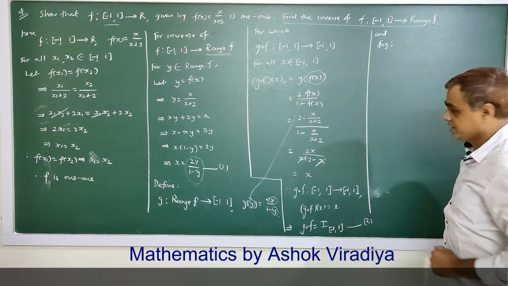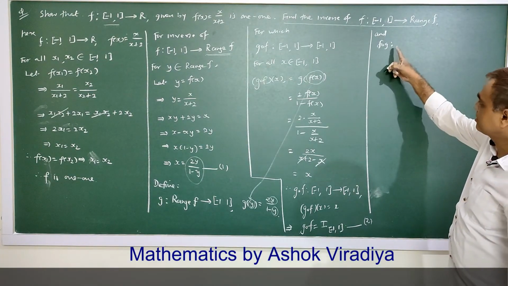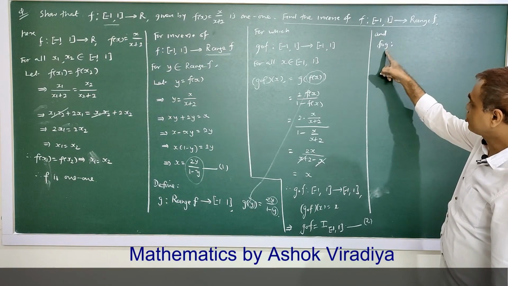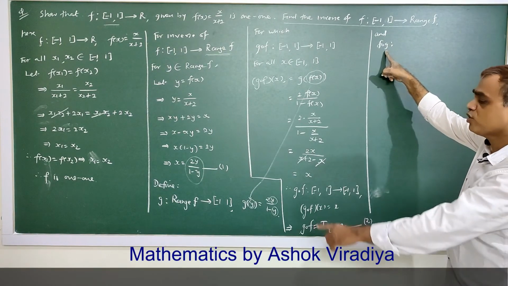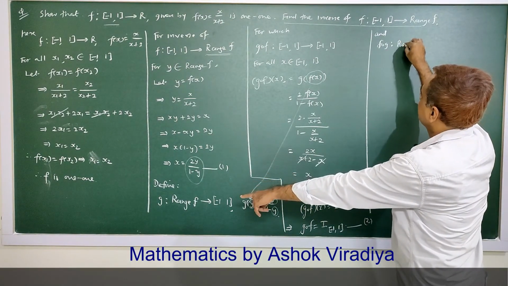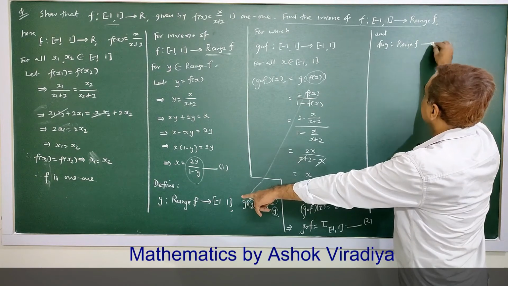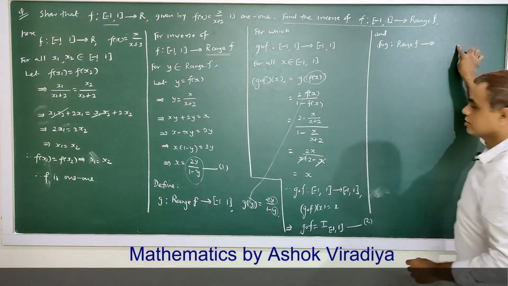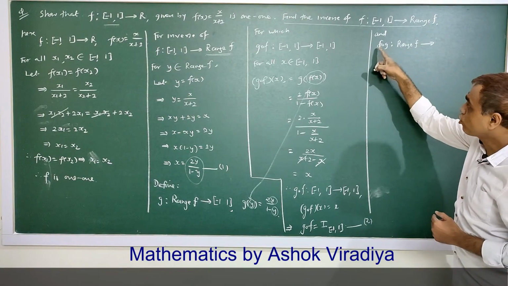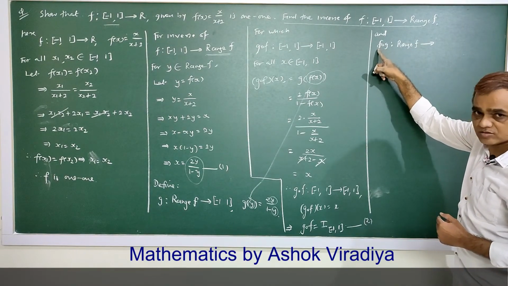So for f∘g, here we keep the domain and codomain. What is the domain of the first function? Range of f. Here I should keep range f. And the codomain of this composition should be equal to the codomain of the second function.